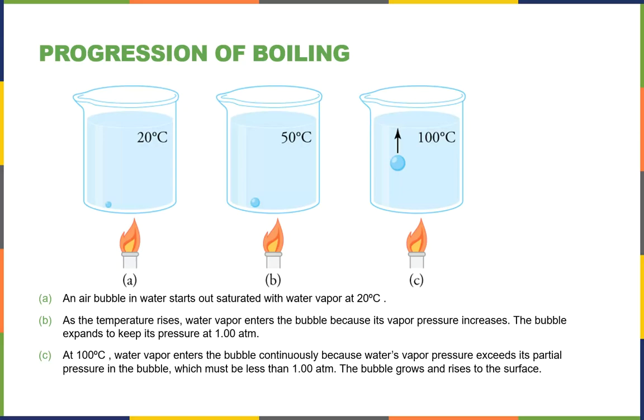And when you get to 100 degrees Celsius, the partial pressure of the water is equal to atmospheric pressure. The bubbles now are going to have more pressure inside than atmospheric pressure, which means they grow. And they float up to the top, and that's what we call boiling. So that's why water boils at 100 degrees. It can still evaporate at any temperature, but boiling is where those water bubbles are going to grow.